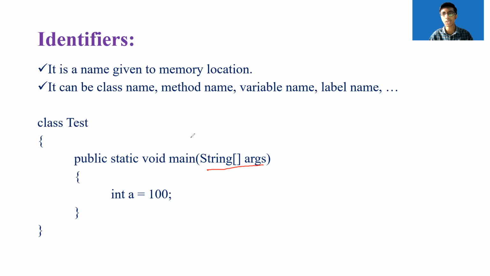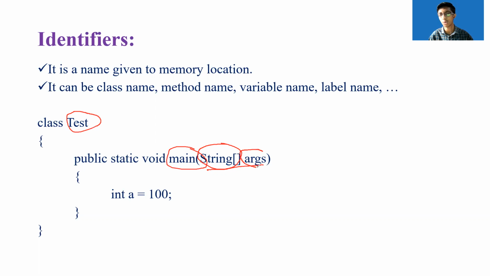Now see what identifiers are present in this program. Class Test, this is the class name, so this is one identifier. Main is the method name, so this is another identifier. We know that String is also a class, so this is another identifier.